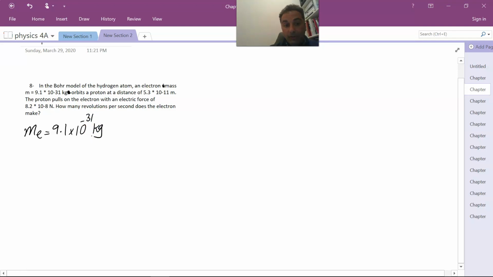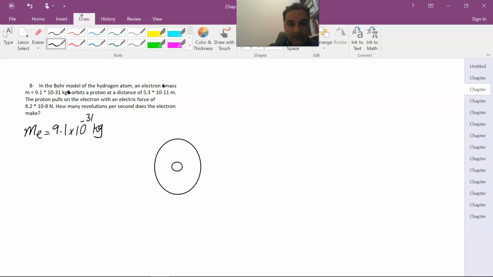Orbits a proton. So as you know, guys, the structure of atom is like, you have a small center, which is called nucleus, and then electrons orbit the nucleus.